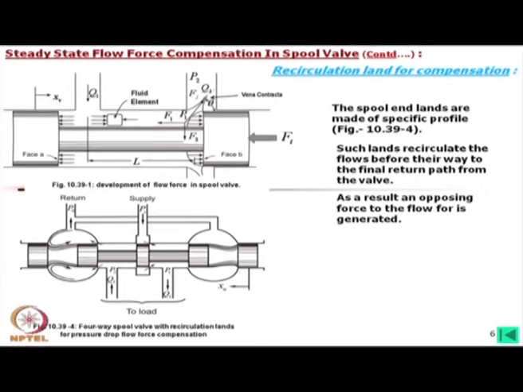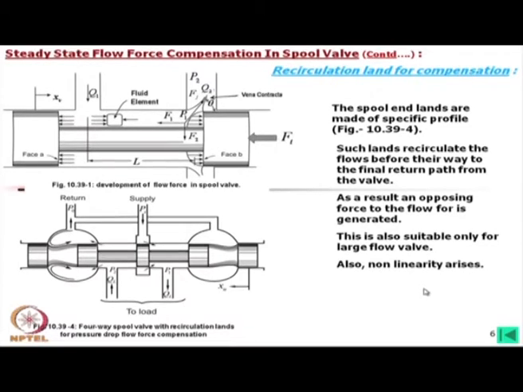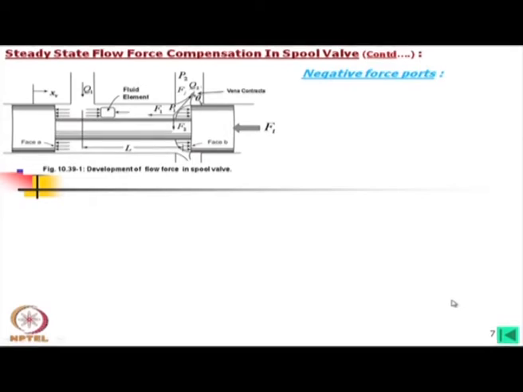Now, this design again is usually made for very large flow, because for a small spool giving such a profile is difficult. Also nonlinearity arises, and there is the cost of giving a special profile.